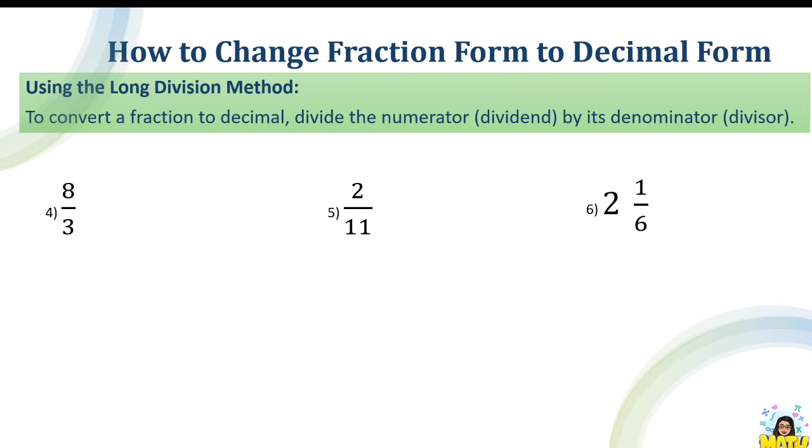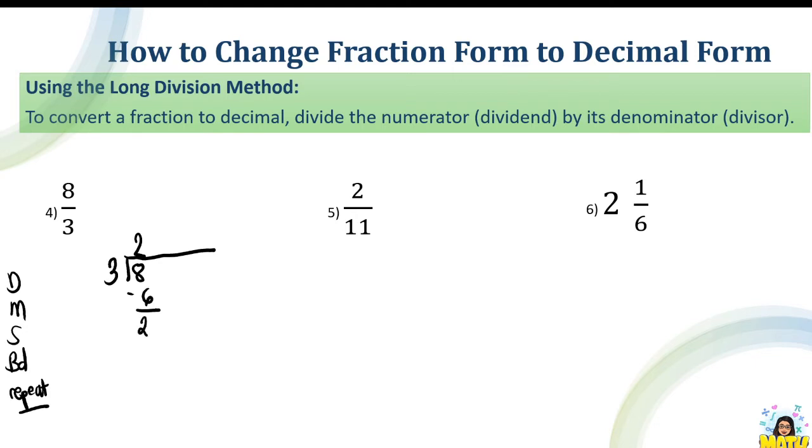So pakita naman natin dito, 8/3. So ganun pa rin, yung numerator is nasa loob, while ang denominator ay nasa labas. And we still need to follow the rule for long division. Divide, multiply, subtract, bring down, and repeat the process if needed. So 8 divided by 3, 2. 2 times 3 is 6.